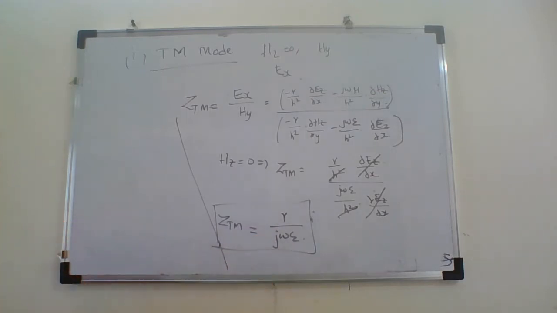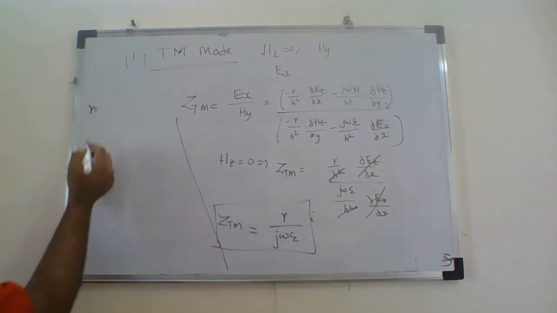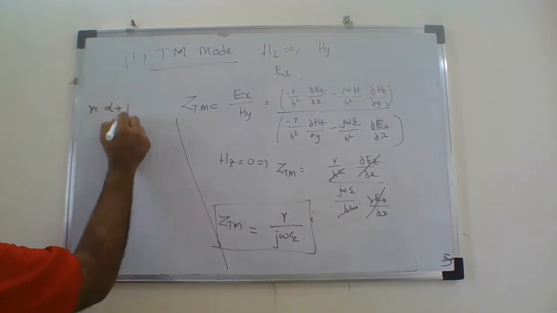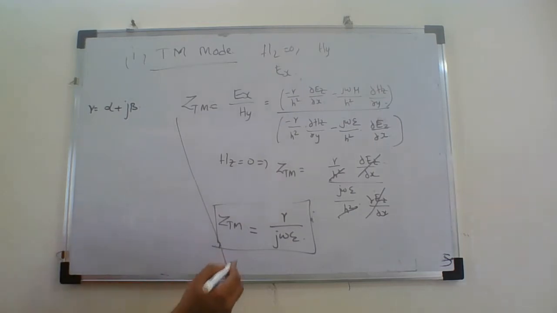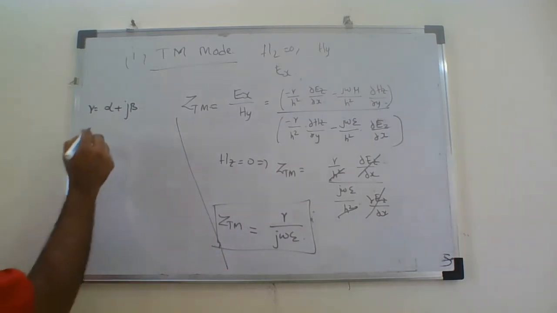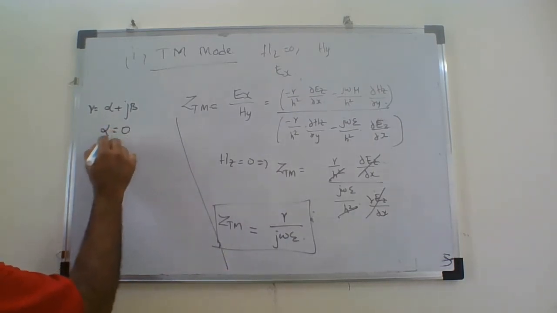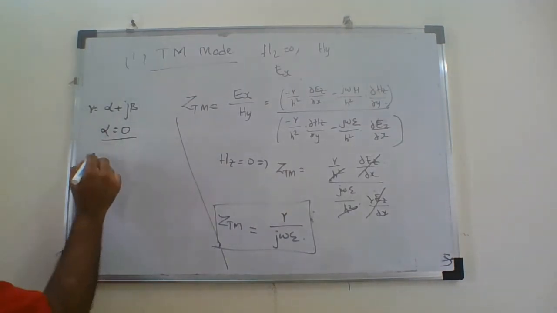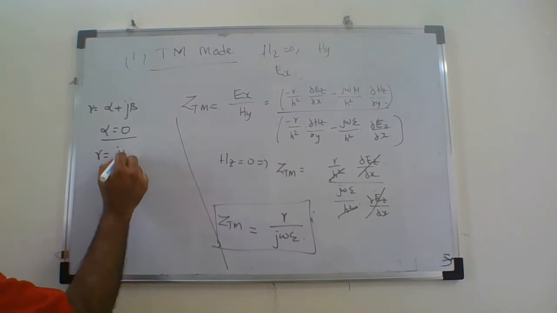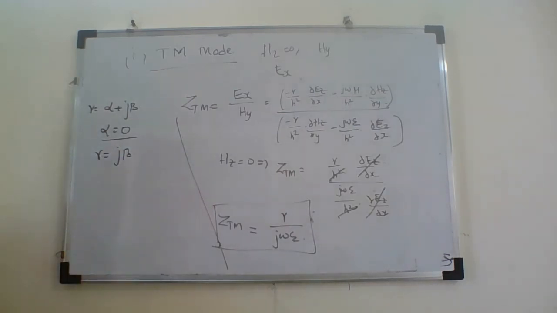Now we know that gamma is generally written as alpha plus j beta. Because the wave is propagating, my attenuation constant alpha will be 0, so gamma is equal to j beta.